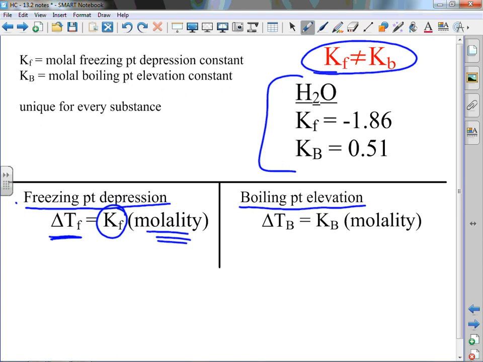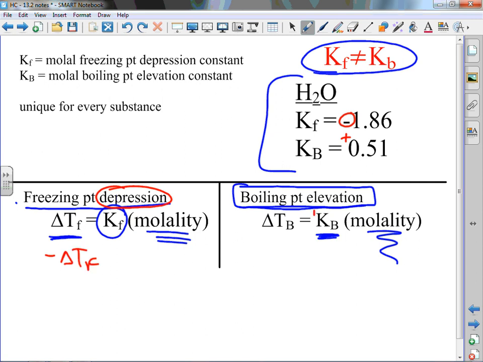If I wanted to look at the boiling point temperature change for pure water, I would take the Kb times its molality. Now, if you notice here, Kf is negative, Kb is positive. Depression means delta T is going to be negative.